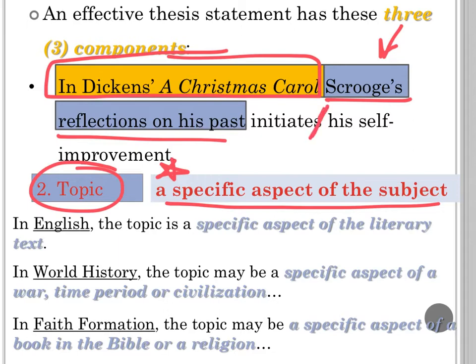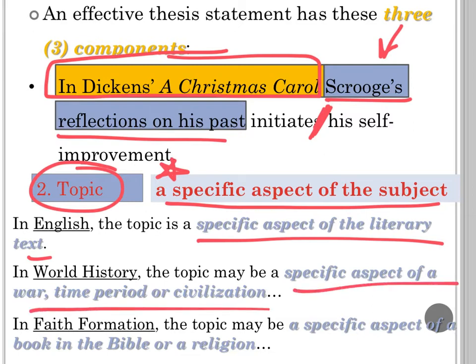Again, there's that grammatical error, subject-verb agreement there, so correct that on your graphic organizer. So in English, it's always going to be a specific aspect of the literary text that we're writing about. In world history, it could be some specific aspect of a war or time period or civilization. And then in faith formation, it could be maybe some specific aspect of a book in the Bible or a world religion, etc.